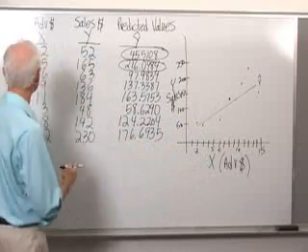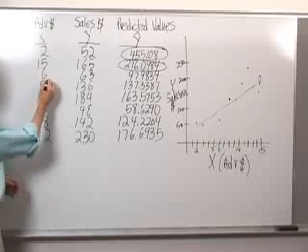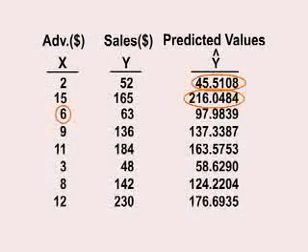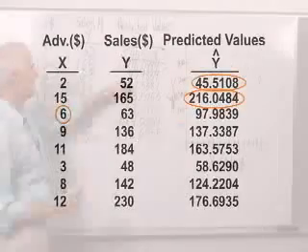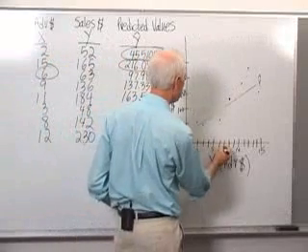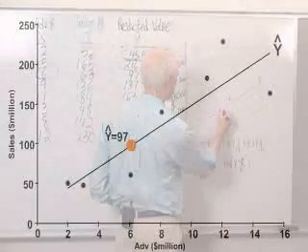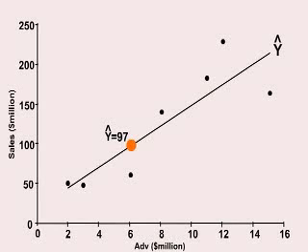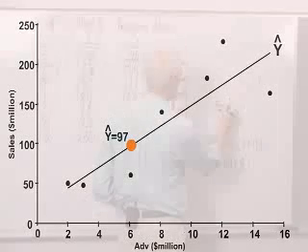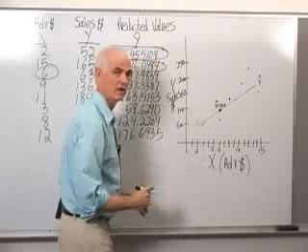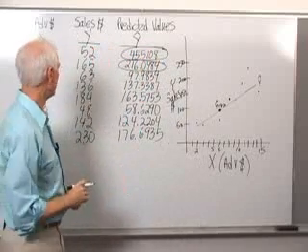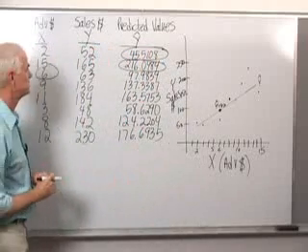For example, when x is 6, the predicted value is 97. So here at x equals 6, the predicted value, 97, would be on this line, as would all other predicted values corresponding to the various x values.